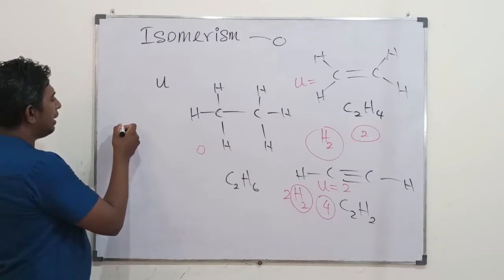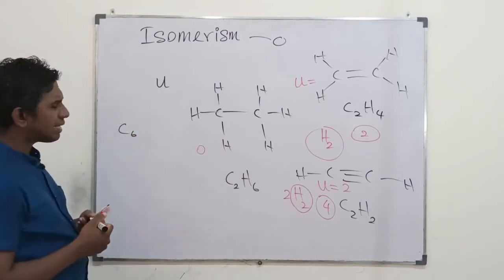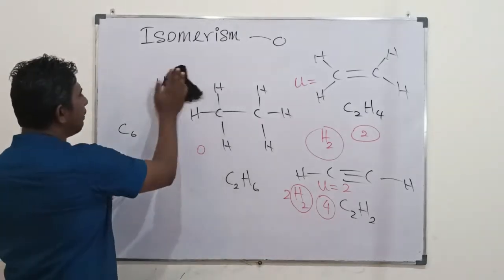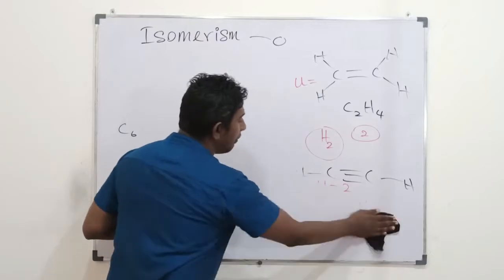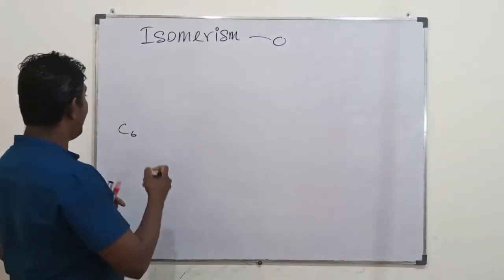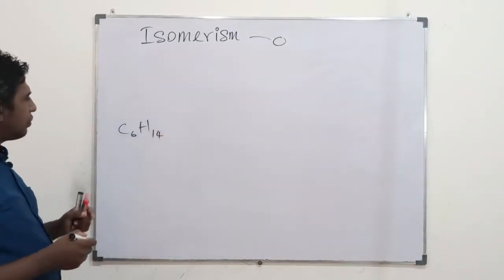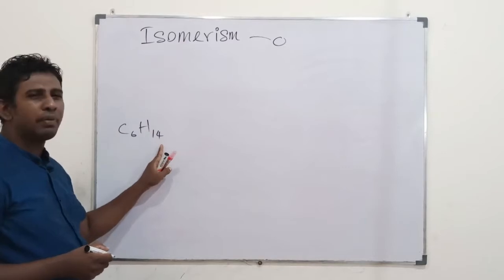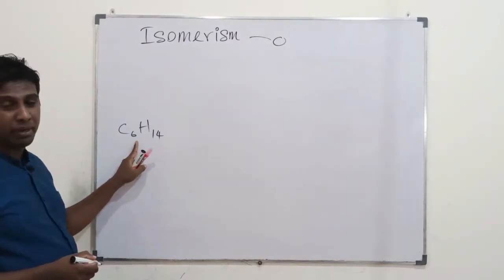But further, I could show you something like this as well. Students, let's find it out. When you have 6 carbons, the maximum number of hydrogens it could ever have is 14, when it is an alkane with a carbon chain. So this is the maximum number of hydrogens you would find for 6 carbons.